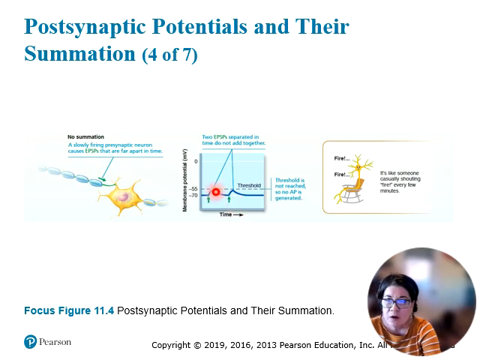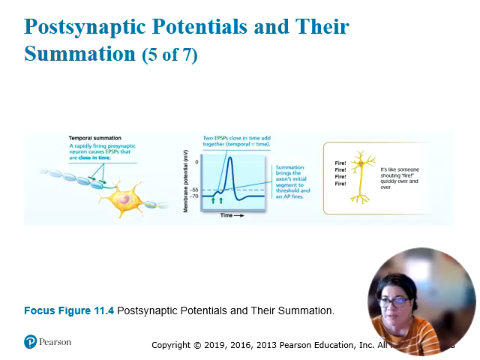So here are two EPSPs, so these are two excitatory ones, but since they're too far apart in time, it's not going to reach the threshold. So it's like fire, minutes later, fire, it's not enough to reach the threshold because they have to be timed right. But if you have two of them that are close together in time, then it will reach fire, fire, fire. Then it'll reach the level that it needs to. It'll get past the threshold.